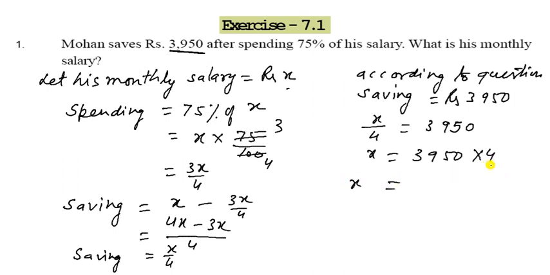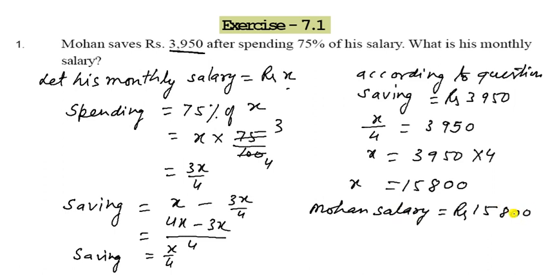Now multiply: 4 times 0 is 0, 4 times 5 is 20, 4 times 9 is 36, and 2 carried makes 38. So 3 is carried, and 4 times 3 is 12, and 3 makes 15. So Mohan's salary is equal to rupees 15800. So that is your answer.